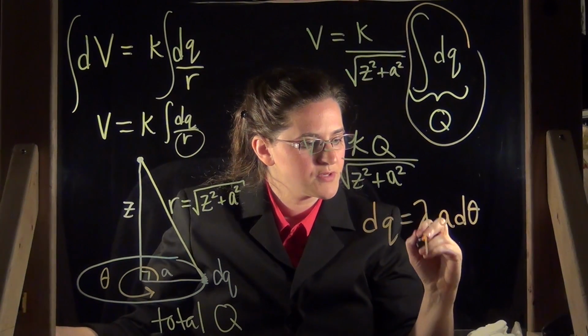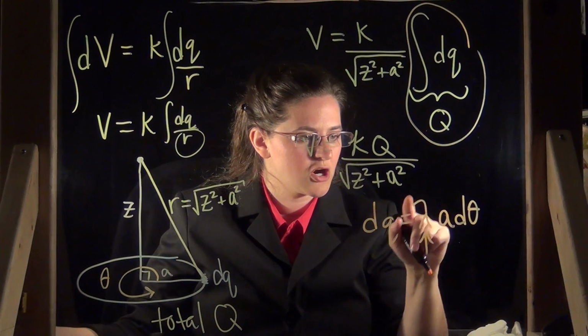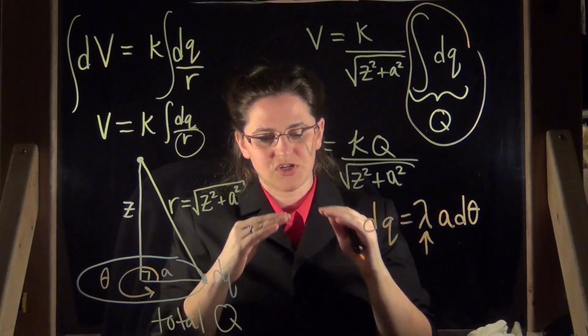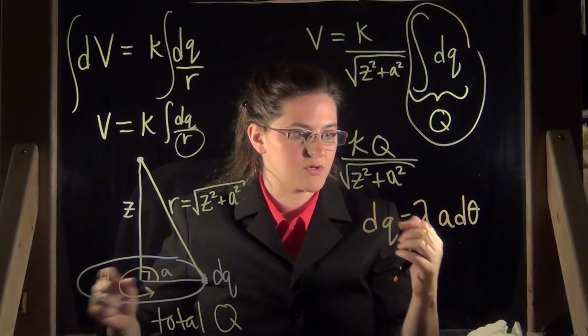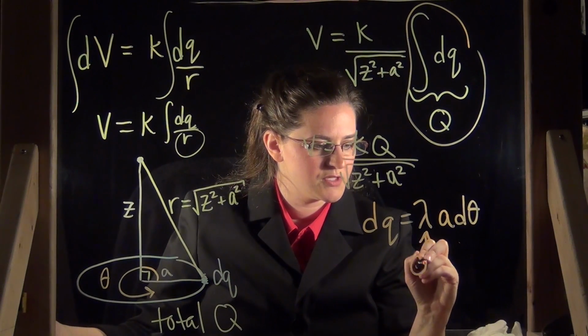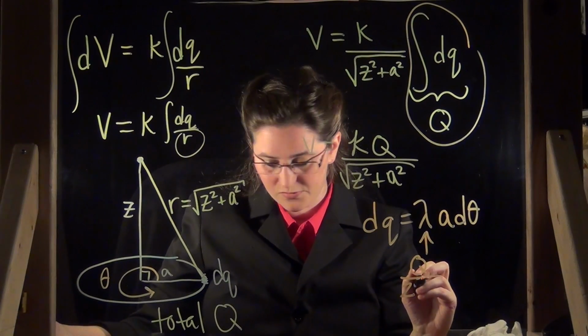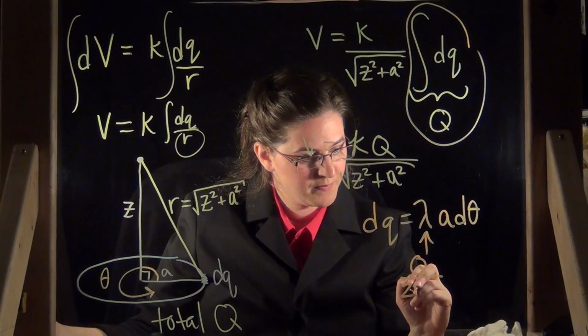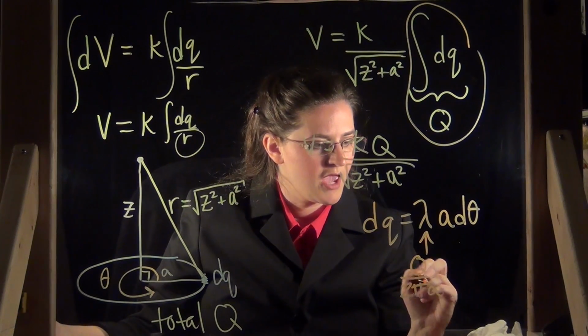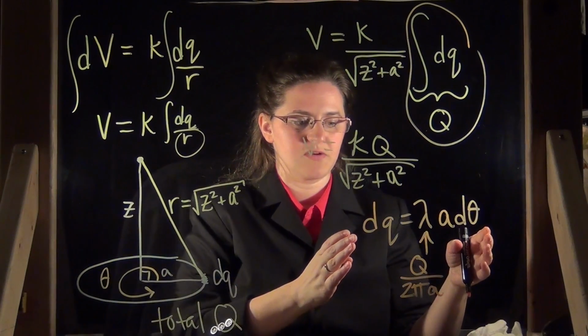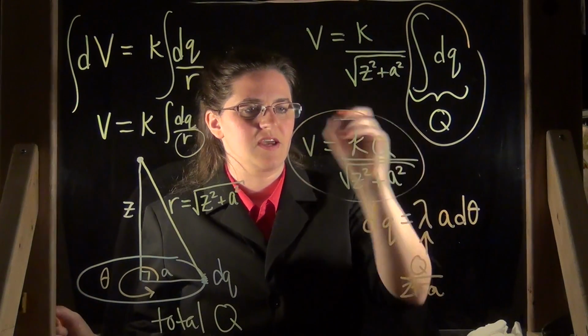And you would also notice that the charge density, in other words, charge per length, would be equal to the total charge over the total arc length, so 2 pi a. And once you reduce that down and take the integral, you would get the same thing as we did before.